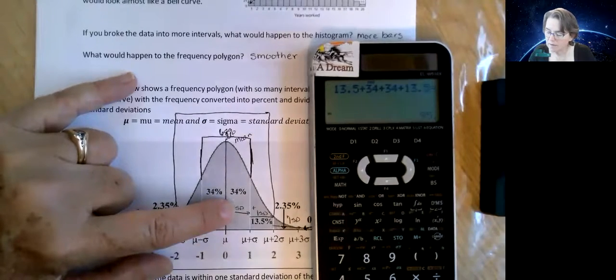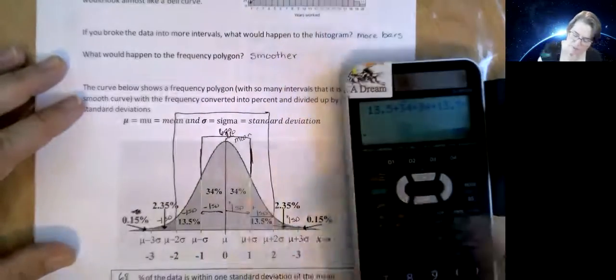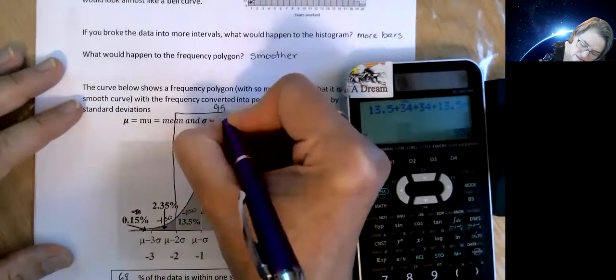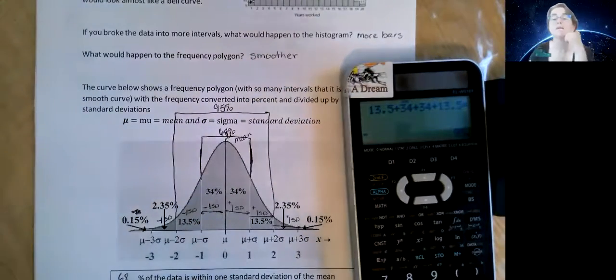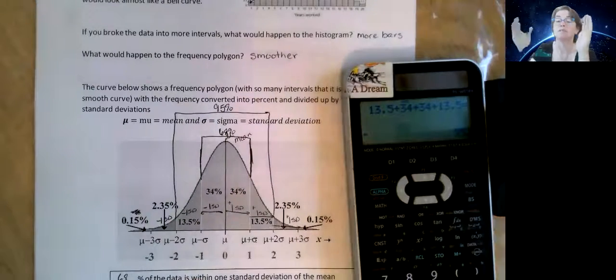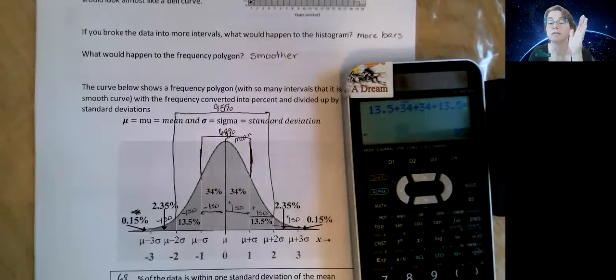And that gives us 95% of the population. That goes here. So this is where it gets cool. If you know the mean and the standard deviation, then 95% of the data lies within 2 standard deviations of the mean, up and down.